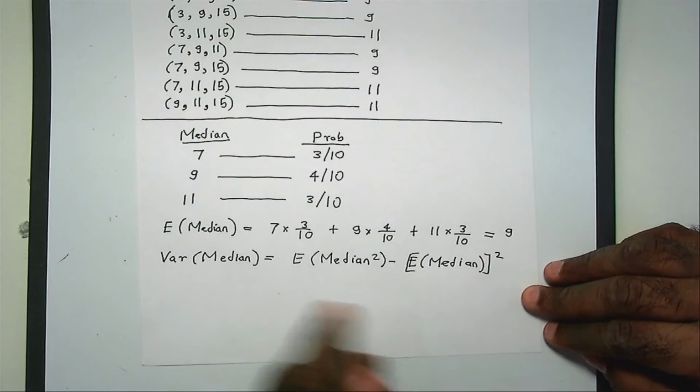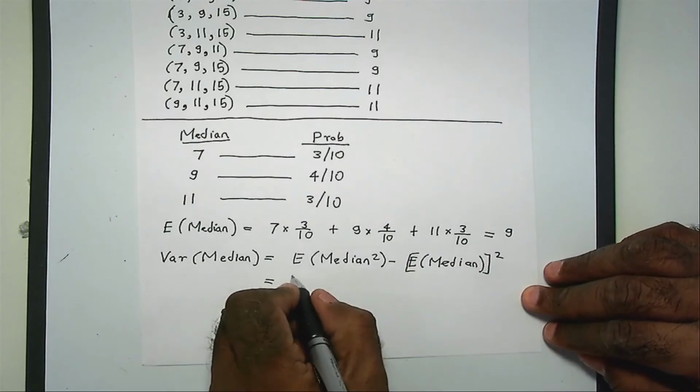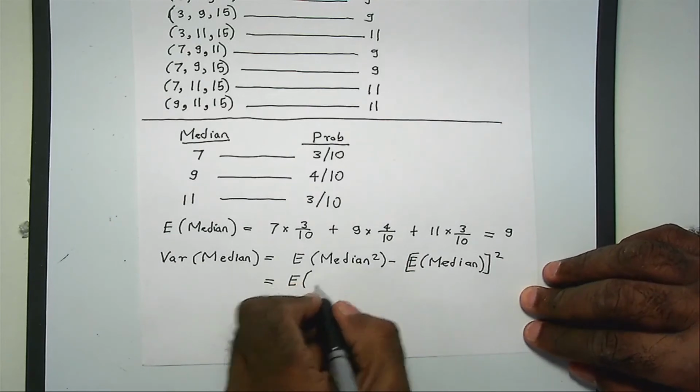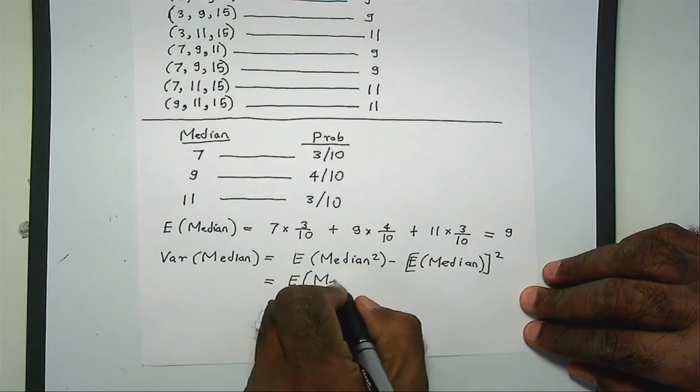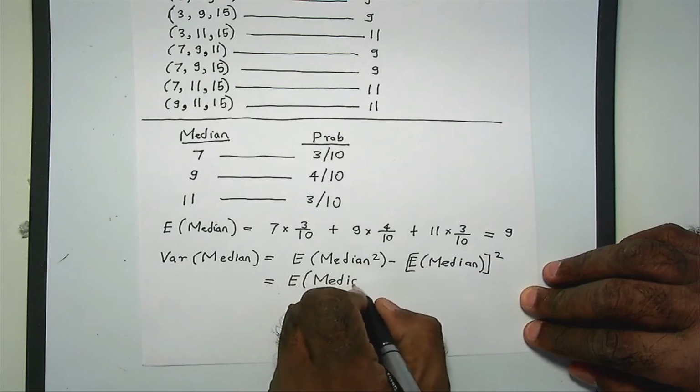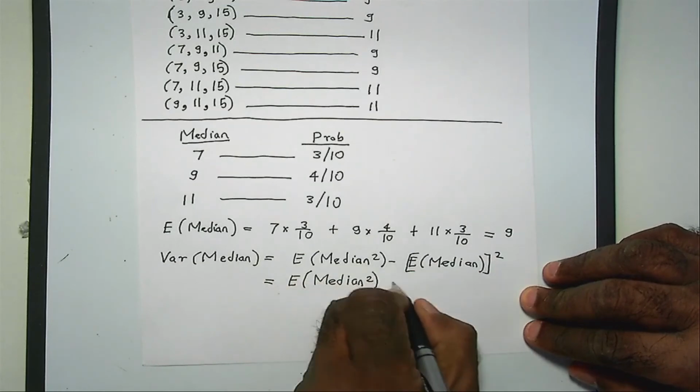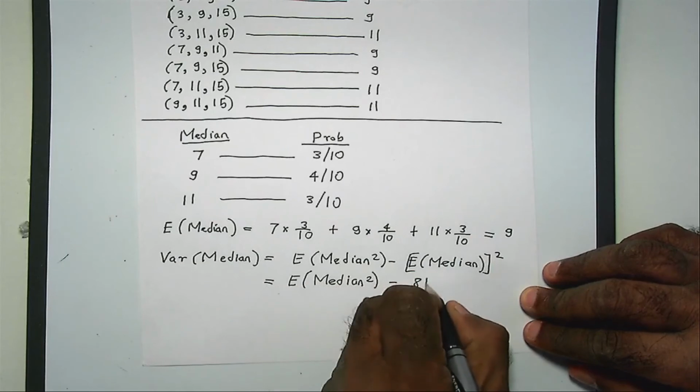You know this is 9, so this will be the expectation of the median squared minus 81.